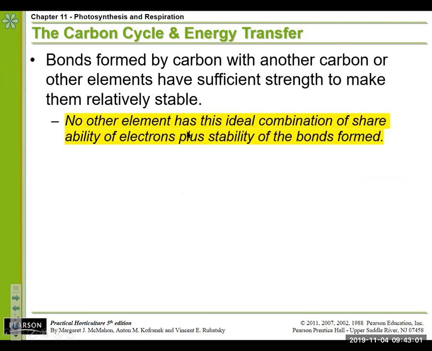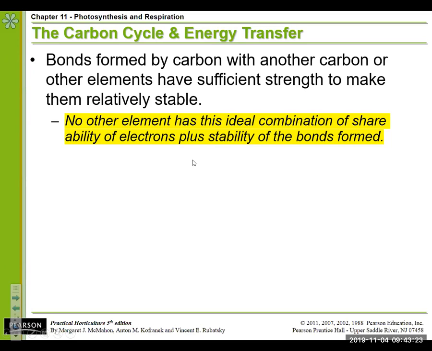So how does this work for making these molecules and keeping them stable? It just so happens that carbon is the magical element, in that no other element has this ideal combination of sharing electrons plus the stability of those bonds formed.